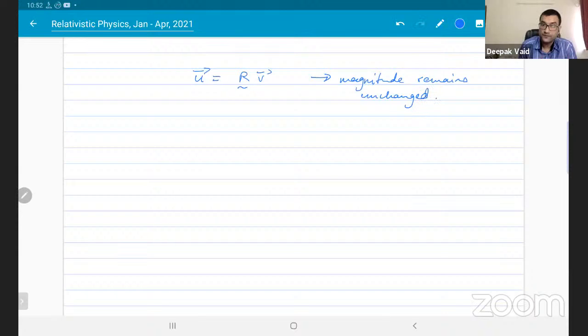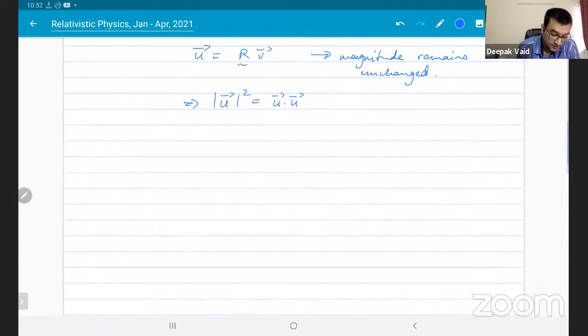Okay. So that means that the magnitude squared, u square, is equal to u dot u, right? How would I write this? When I say u dot u, what am I actually doing? I'm taking the transpose of u, the vector u being a column vector, and I write the transpose, so it becomes a row matrix.